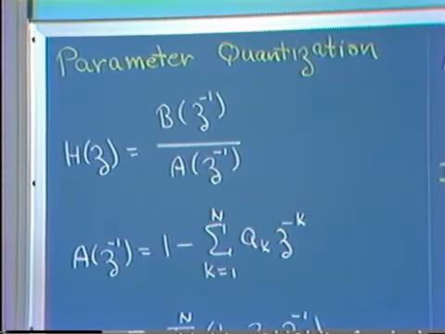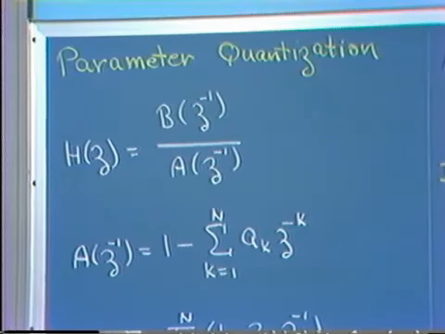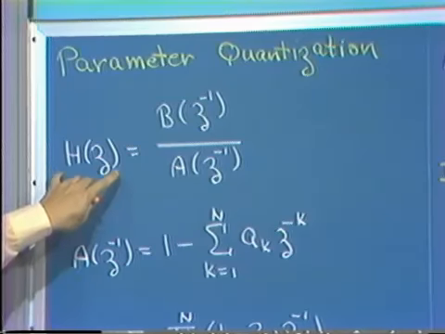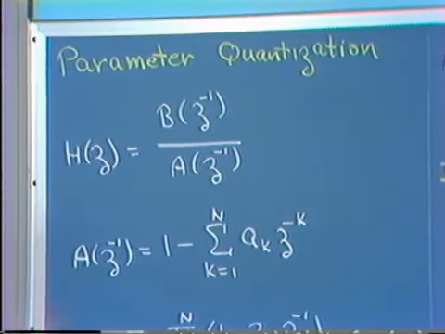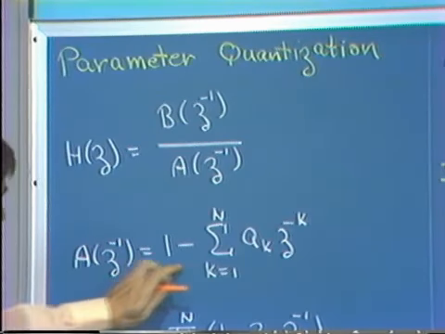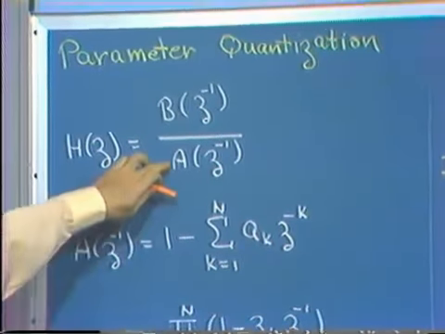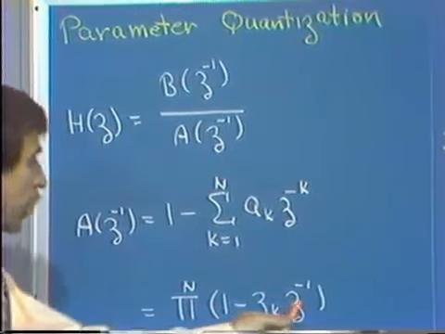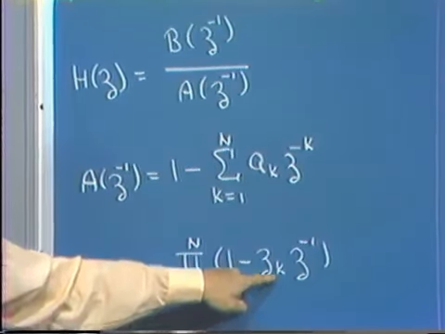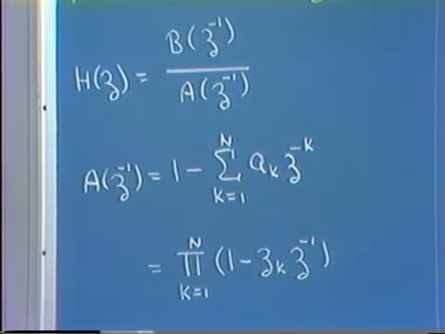Well, let's imagine that it's reasonable to tie the investigation of H of z in terms of parameter errors to the accuracy with which the poles of the transfer function can be placed. We can express the denominator polynomial in factored form, where each of the factors involves the poles of the system explicitly.